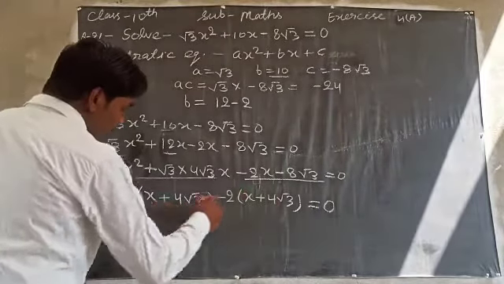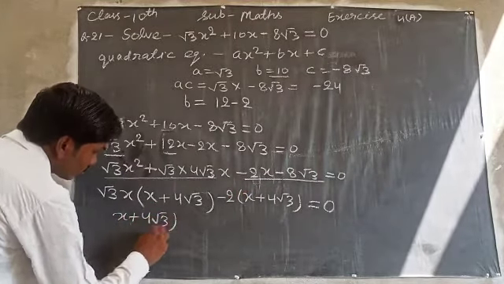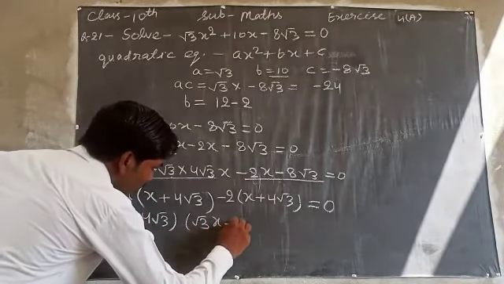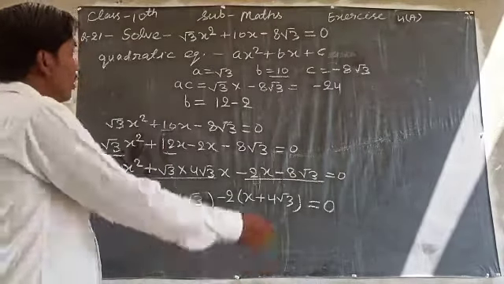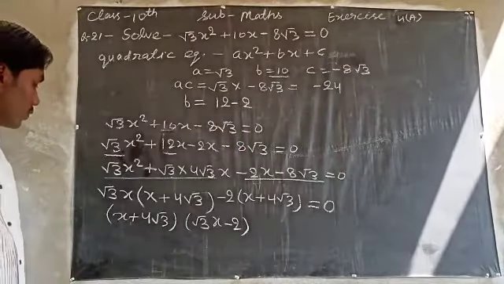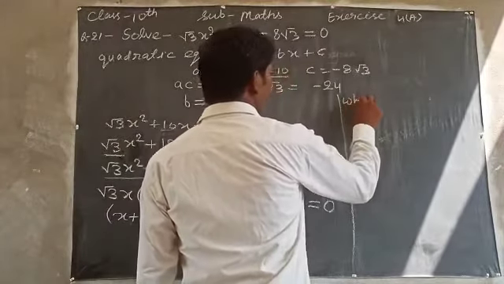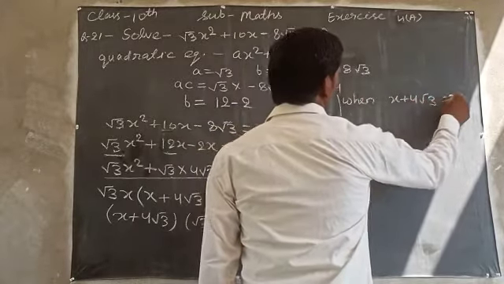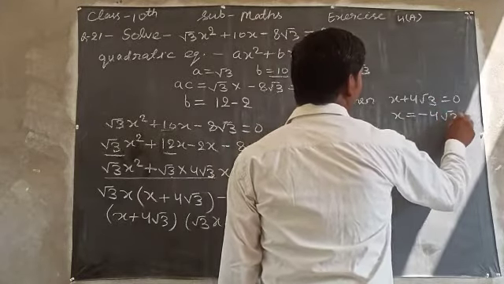Now here we can take common x plus 4 root 3. So it will remain root 3 into x minus 2. So these are the two factors of the given quadratic equation. Now we need to find the value of x. When x plus 4 root 3 is equal to 0, then x is equal to minus 4 root 3.